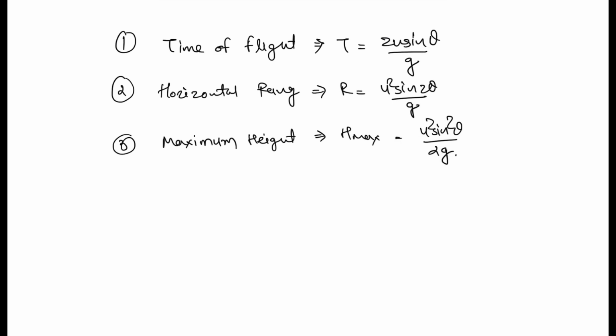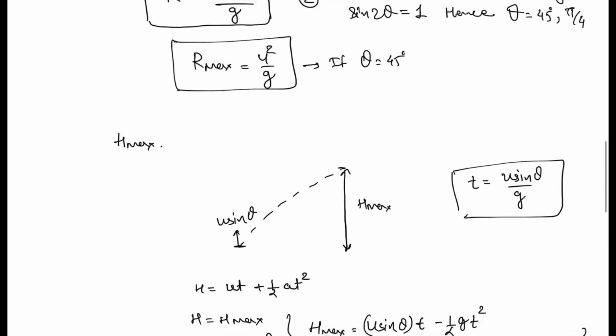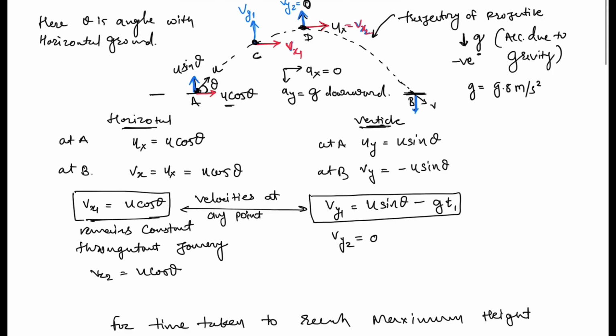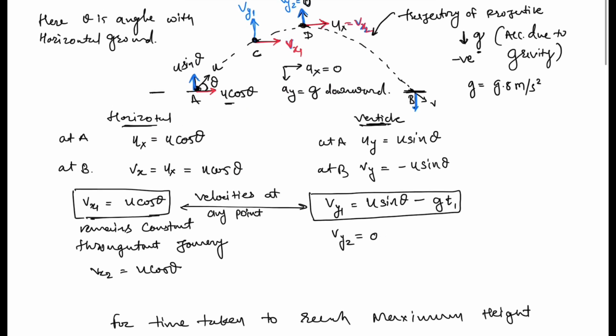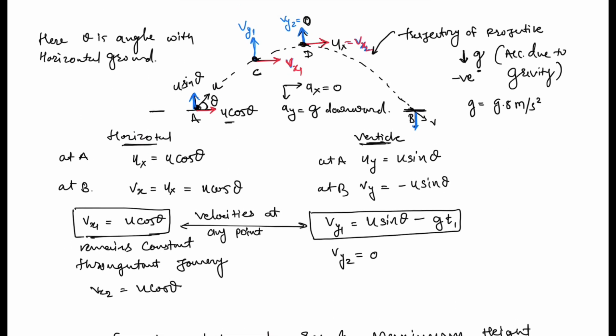Okay, so let's recap the total. First of all, we divided this motion into two parts, one horizontal and one vertical. Then we analyzed the velocities, acceleration and the distance traveled in the horizontal direction and the same in the vertical direction.